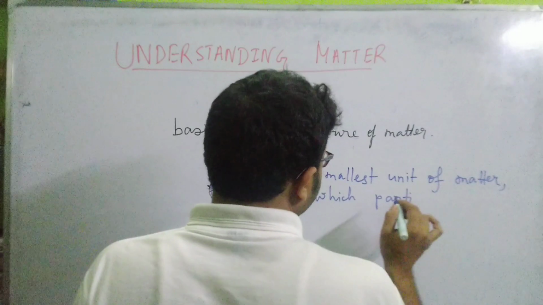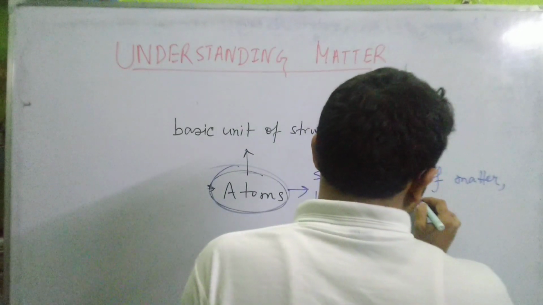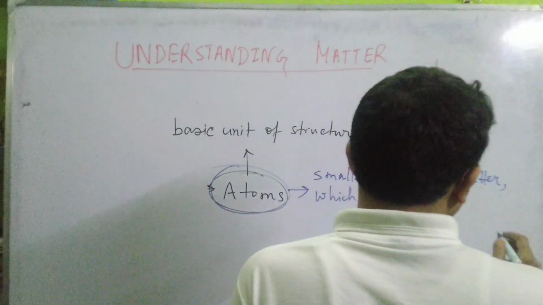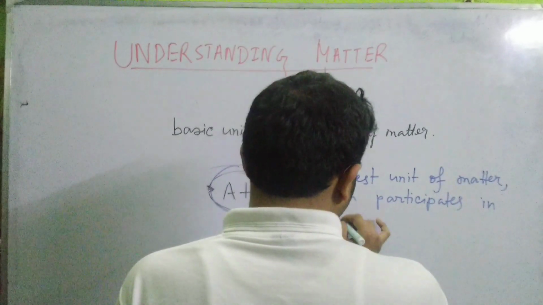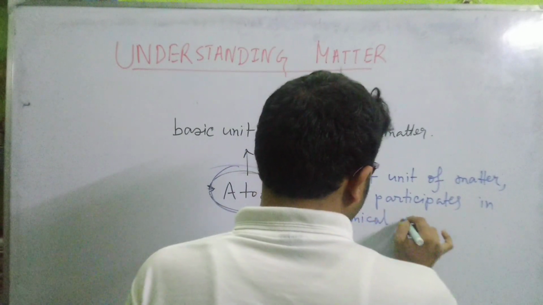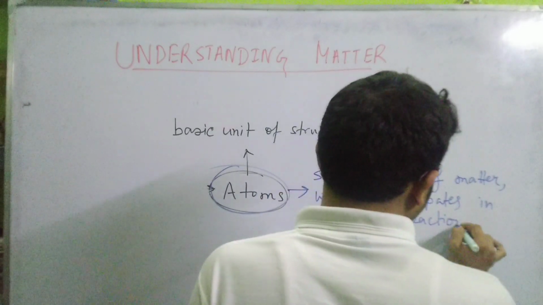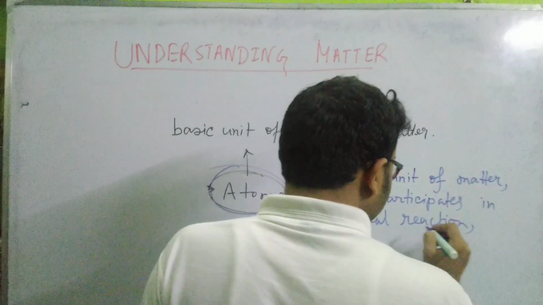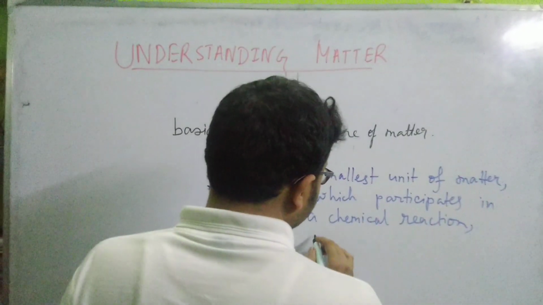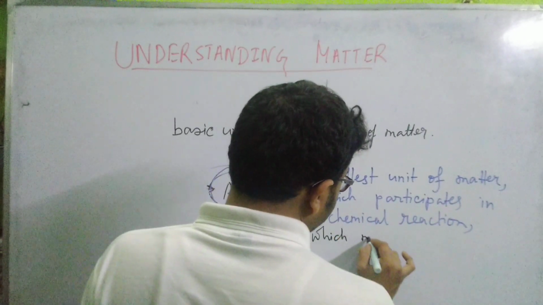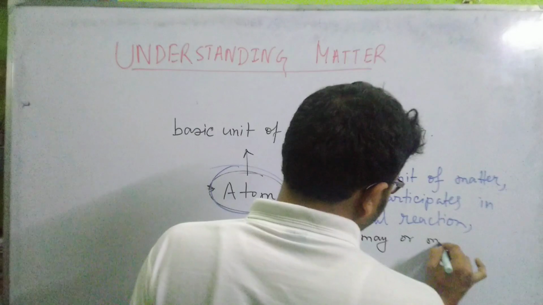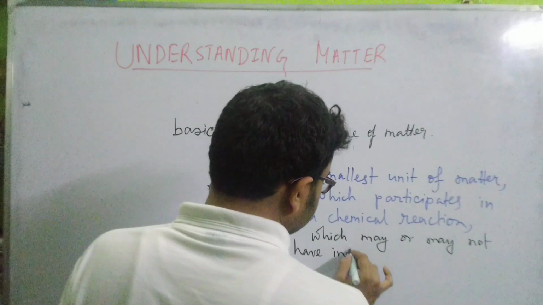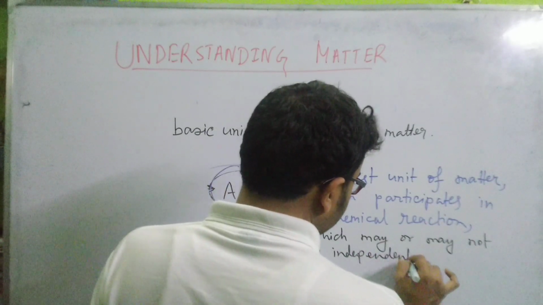You have a little bit of idea about chemical reactions. We will also be discussing the chemical reactions, why reactions occur and all those things, which participate in a chemical reaction, and which may or may not have an independent existence.